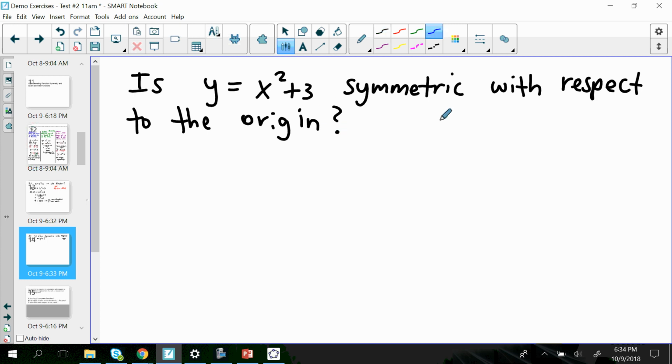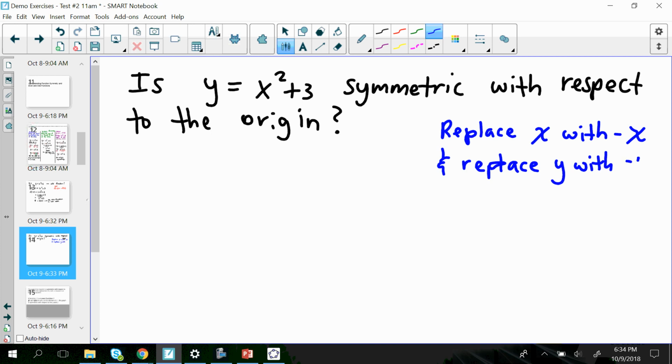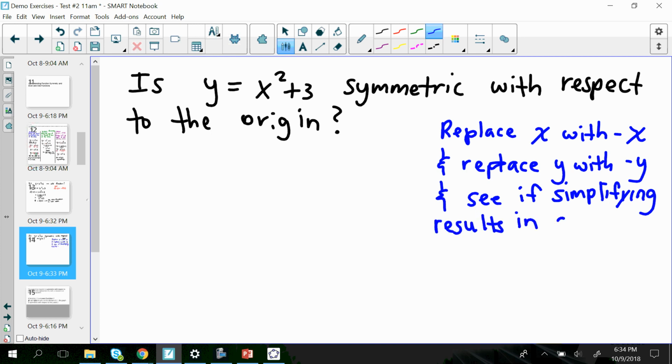So the test we will do is we will replace x with negative x and replace y with negative y and see if simplifying results in an equivalent equation.